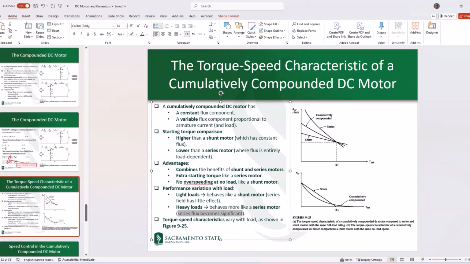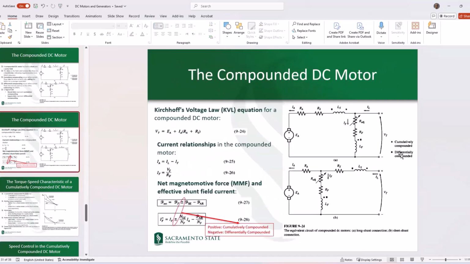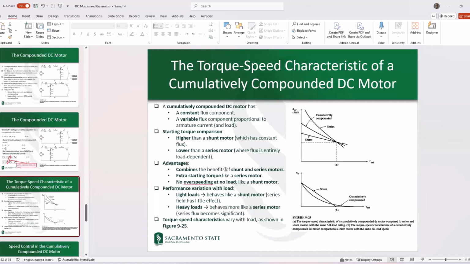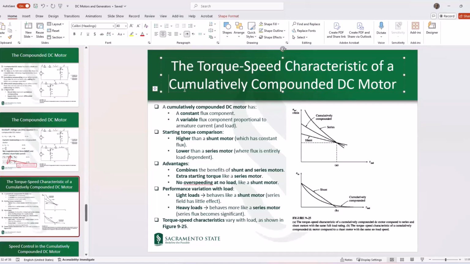We should also keep in mind that in practical conditions, we do not have a differentially compounded DC motor. We rarely use that, almost never. We use the cumulatively compounded configuration because of its advantages compared to the shunt and series configurations.